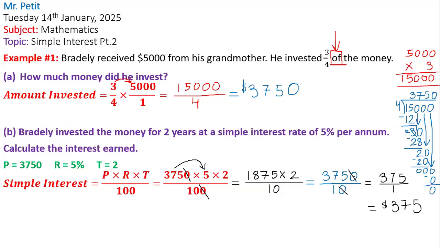We're left with 1 at the bottom, so it's going to be 375 over 1. Do you understand how it's 375 over 1? Because we have the 1 at the bottom. And then when we divide it by 1, we just get 375, and that's how we get our answer here. Does that make sense? Thank you.